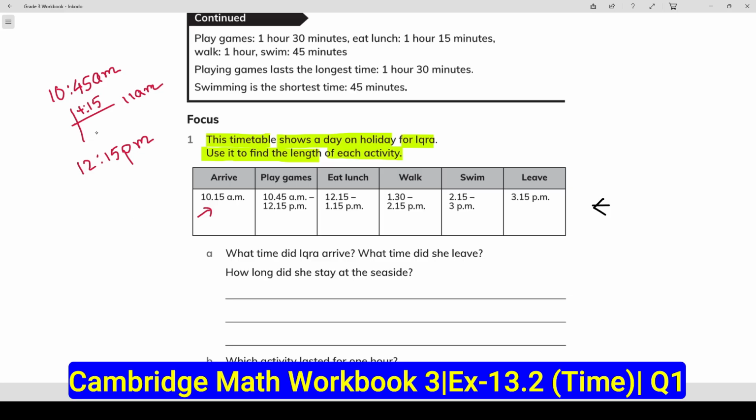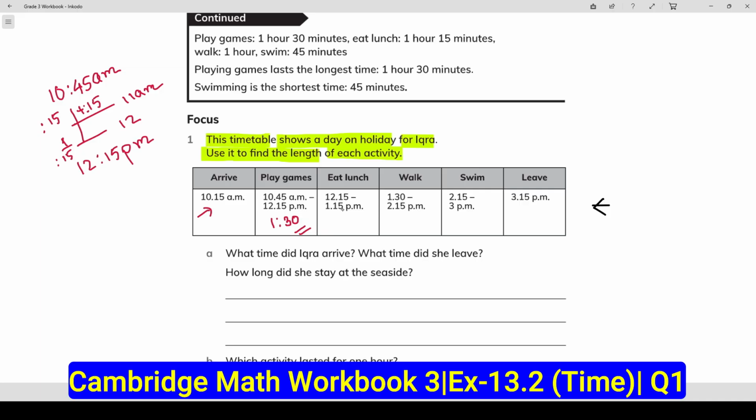And 11 to 12 is 1 hour. So 11 to 12, 1 hour, plus 15 minutes, and 12 to 12:15, another 15 minutes. So total here is 130 minutes. Okay.